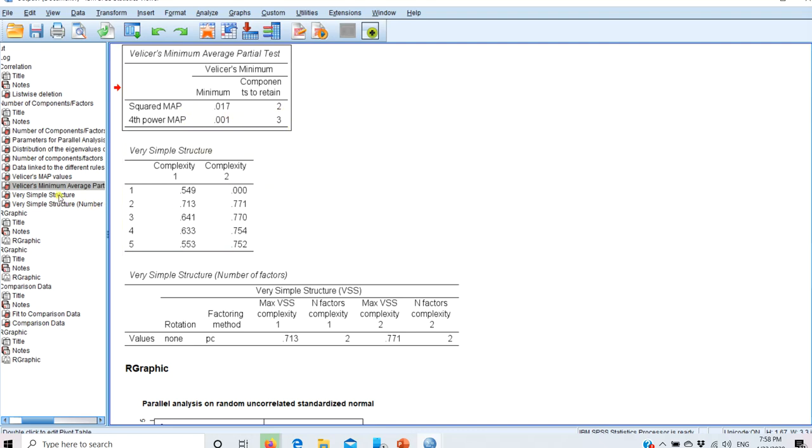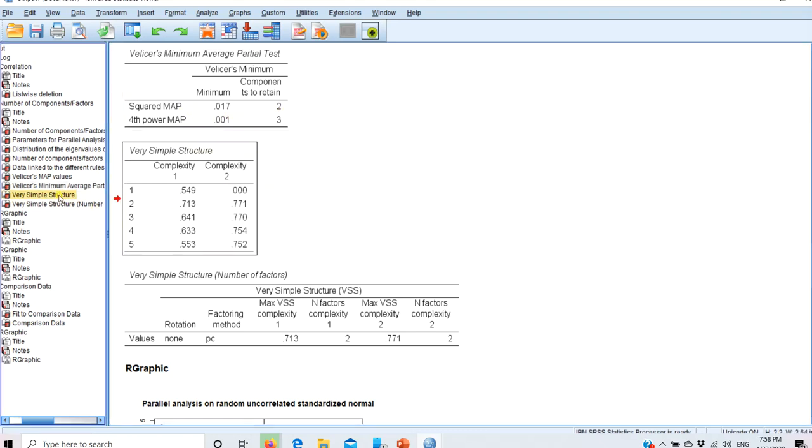Now come to the very simple structure. I explained that the very simple structure criterion is that the factor number associated with the highest VSS value will be retained. Here 0.713 is the highest value if the complexity is 1, and 0.771 is the highest value if complexity is 2.